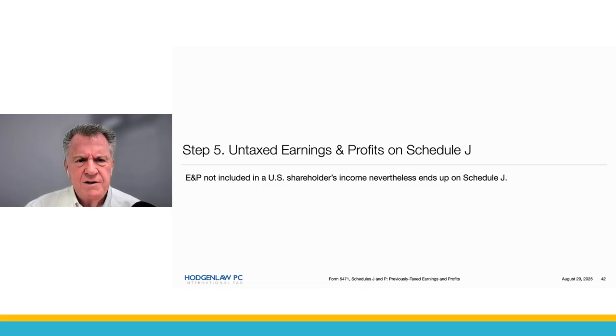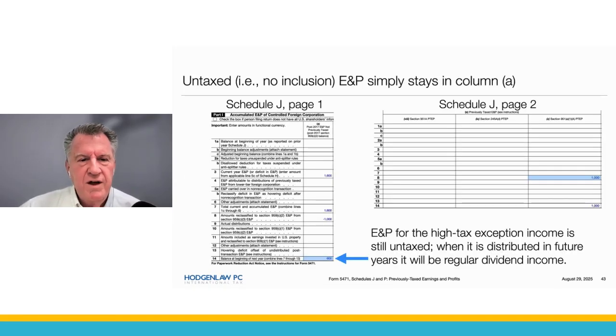Untaxed earnings and profits, what do you do? Here's where they sit. Remember, we did a subtraction, and whatever is left over at the end is going to be whatever is current earnings and profits. And this, if you look at the top in the column heading, it says 959(c)(3), untaxed earnings and profits.